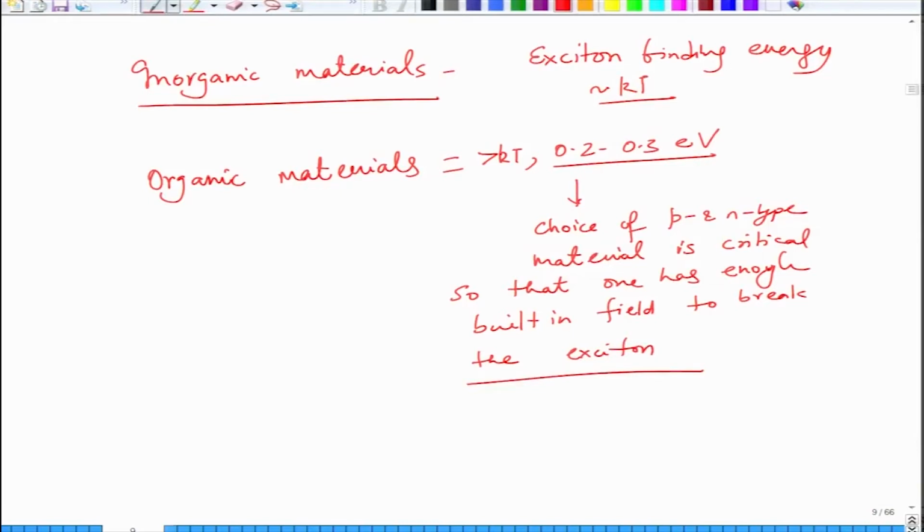And this exciton also has a short diffusion length. The diffusion length of the exciton is of the order of a few tenths of a nanometer.